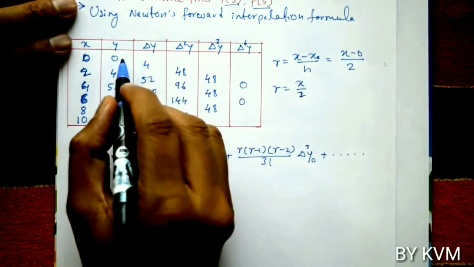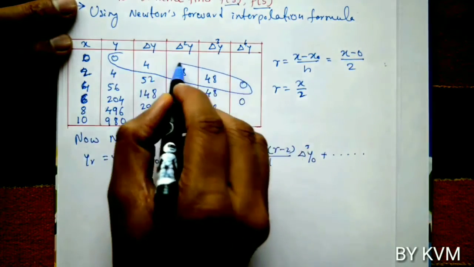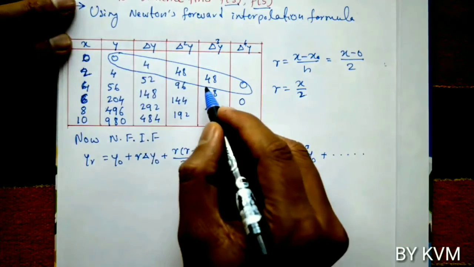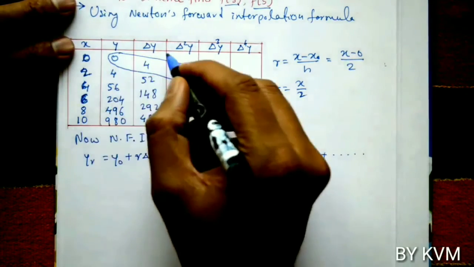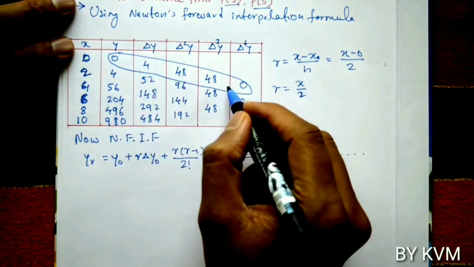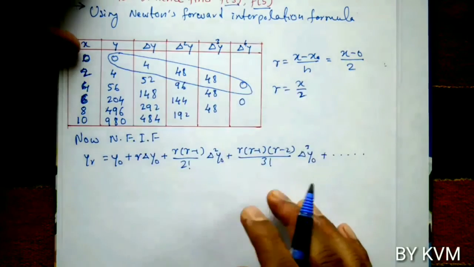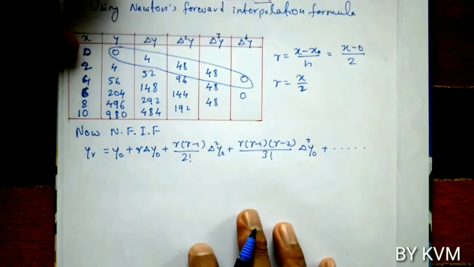Now in the table we need the leading forward differences, that is, in each column you have to take the first values. So the leading forward differences are delta y naught, delta square y naught, delta cube y naught, delta power 4 y naught. Now substitute all the values in the formula.